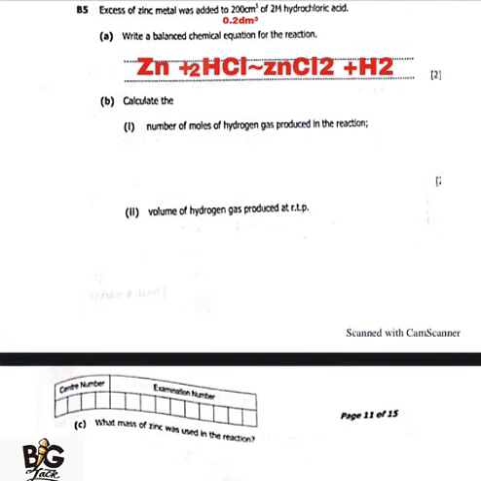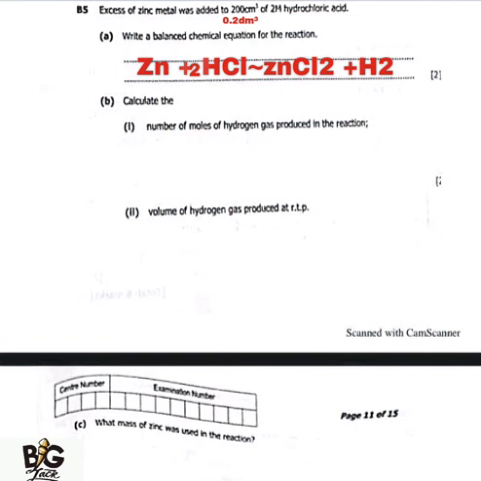Then on the products we are going to have 2 atoms of hydrogen. Then apart from that one, we also have 2 atoms of chlorine on the reactants, and 2 atoms of chlorine on the products. Then 1 atom of zinc on the reactants, and also 1 atom of zinc on the products. So the equation is balanced.